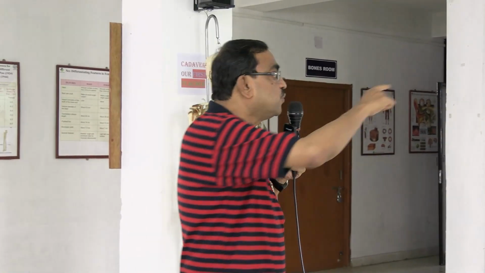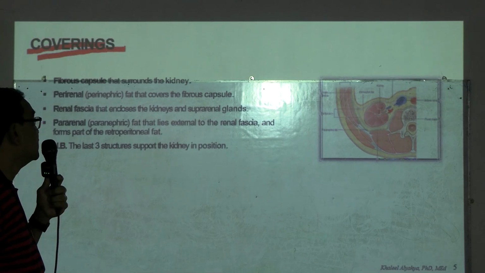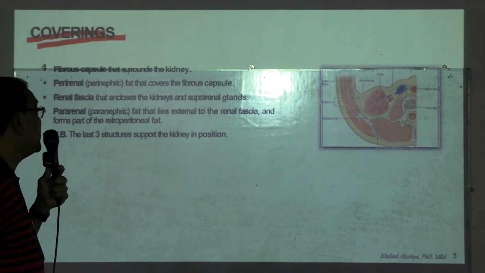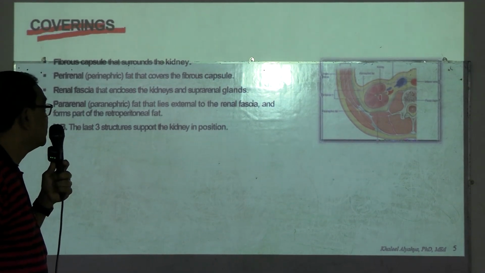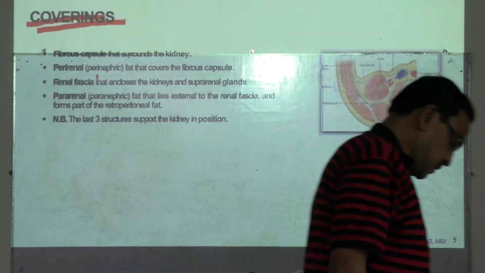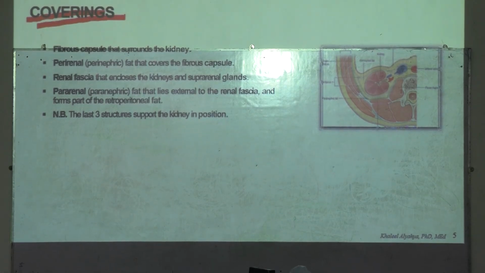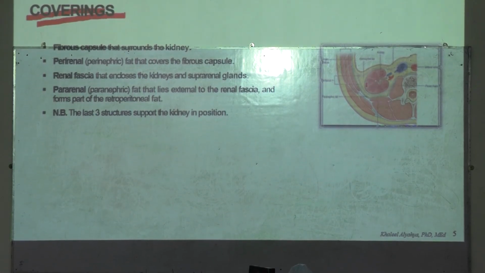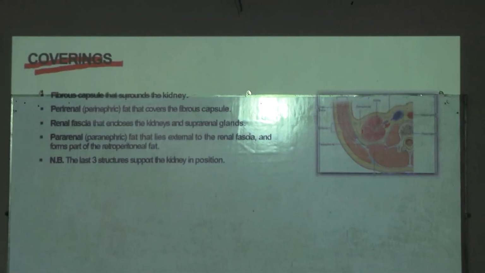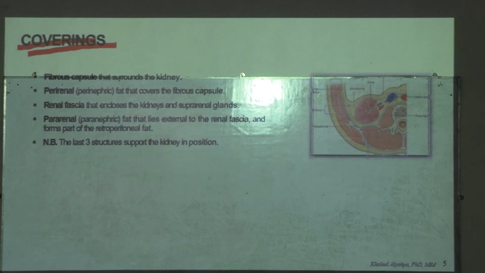The renal capsule goes inside the hilum. This is the hilum through which the renal capsule, the covering which is in intimate relation to the kidney, goes inside.